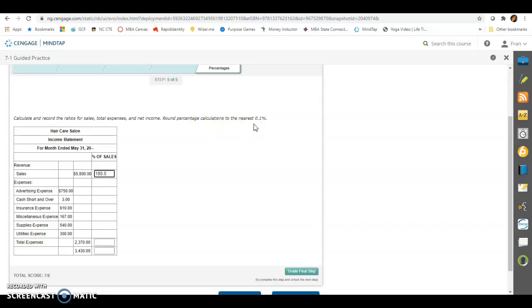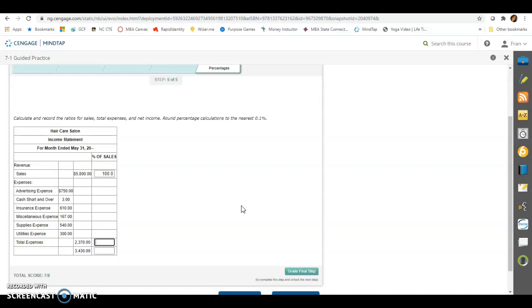I'm going to round it to the nearest tenth of a percent, so I do 100.0. And as we talked about in class, when we do these divisions we're going to get decimals. To get the decimals to become percentages, we simply multiply by 100.